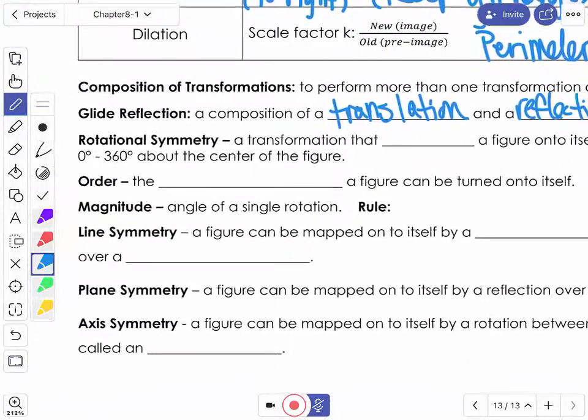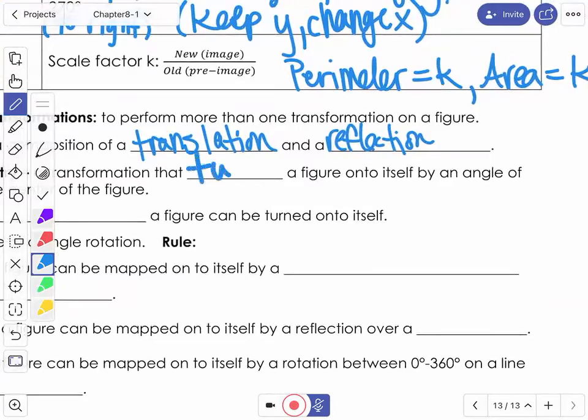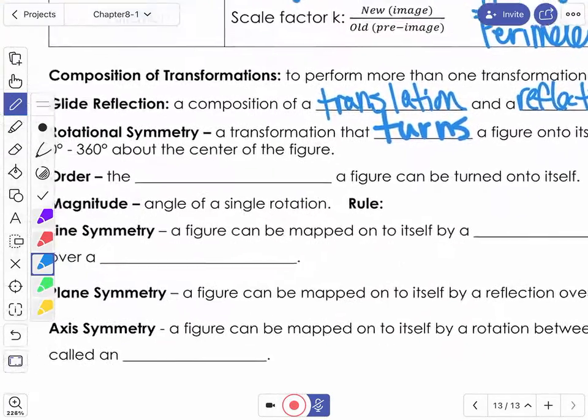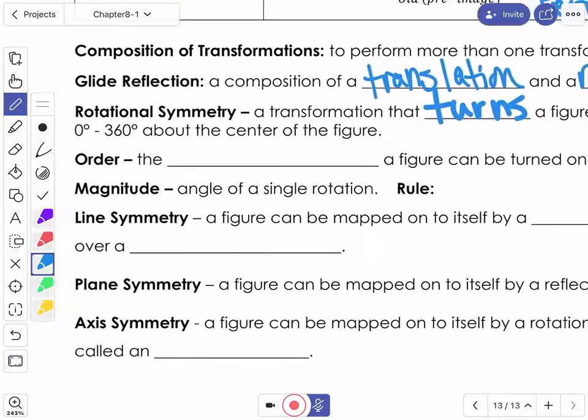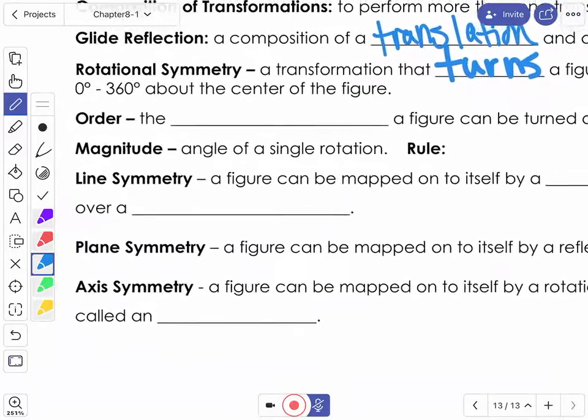Then we had what was called rotational symmetry, a transformation that turns a figure onto itself by an angle of 0 to 360. So we had to turn the shape and it lined back up. And how many times could we do that before we get all the way around?